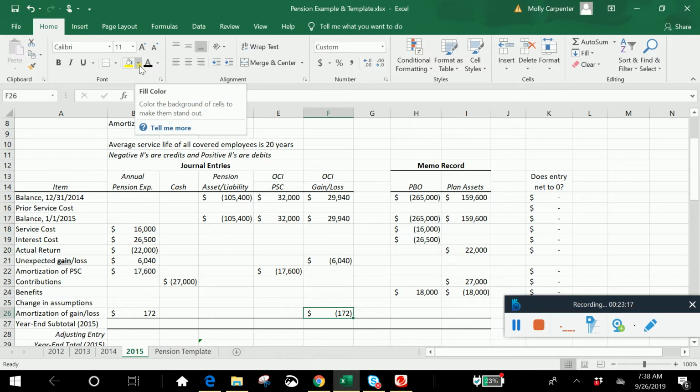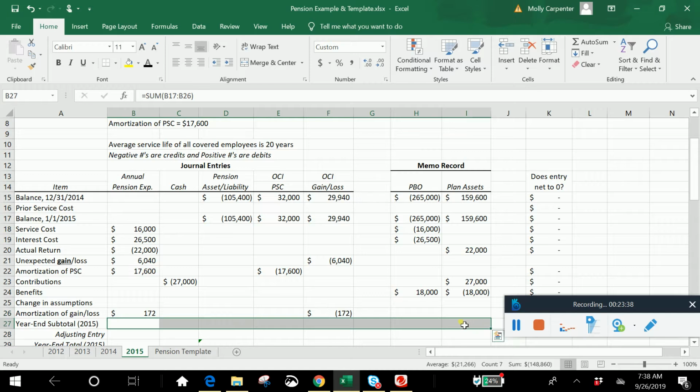So then in the next year, you would take your new amount of money and you would divide it by the remaining average service lives, so that would probably be 19 years, and then you would recalculate how much you needed to amortize every year. So we're going to come up here with a subtotal.